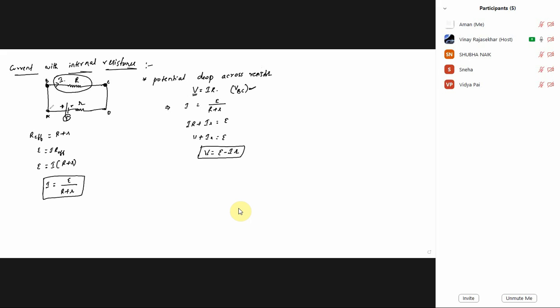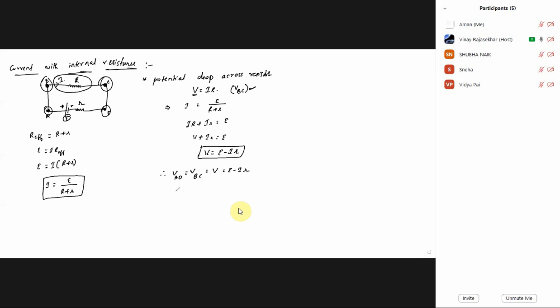Listen. VBC and VAD are parallel. These points are parallel. Please remember, VBC and VAD are parallel to each other. Therefore, potential drop across AD is equal to potential drop across BC is equal to V, that can be taken as E minus Ir.